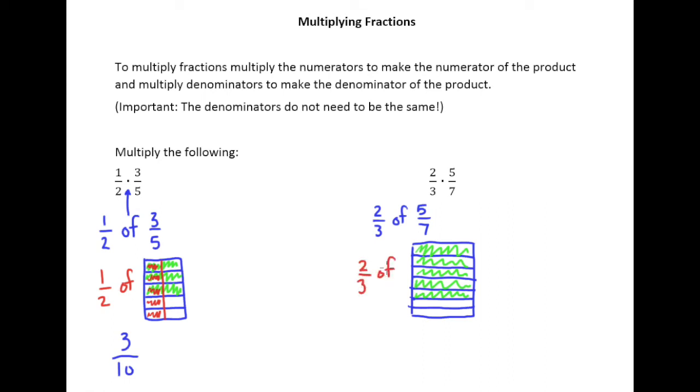Now I'm going to be taking 2/3 of 5/7. Okay, so since there's a 3 on the bottom here, I think that means I should divide this picture into 3 equal parts. And since there's a 2 on top, that means I'm going to color in 2 of those equal parts. So I'll color in these 2 on the left.